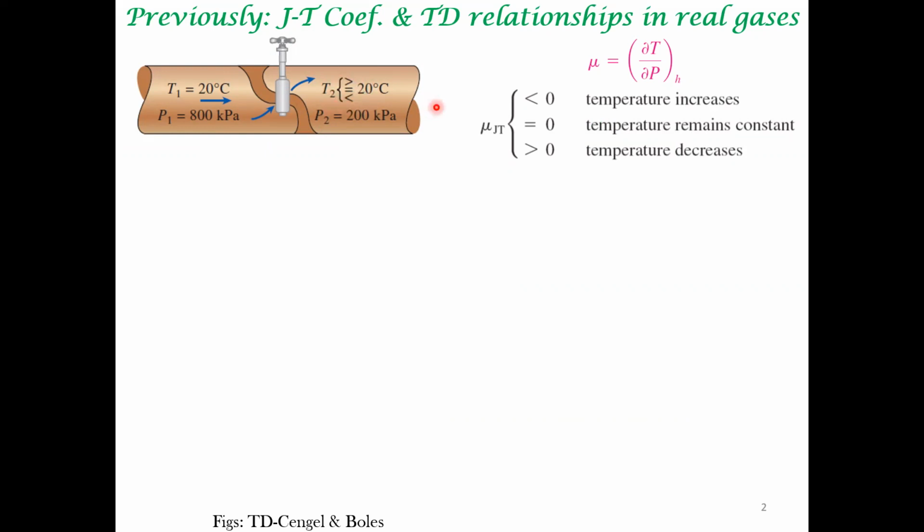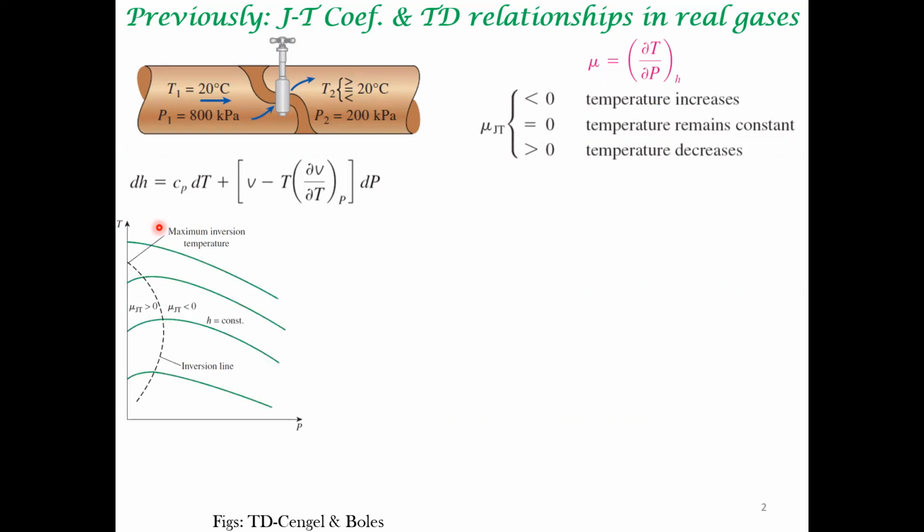Depending upon the temperature changes, the Joule-Thomson coefficient differs; it is a measure of non-ideality of gases. The way to analyze this is we had derived an expression for dH in such a process. Because it's isoenthalpic, dH is 0.